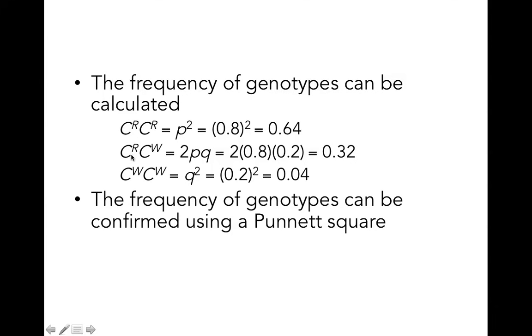The value of CR CW is going to be P times Q times 2. We'll get to why that's 2 times in a minute. So that would be 2 times 0.8 times 0.2, which is 0.32, 32% heterozygous. The frequency of CW CW is going to be Q squared, or 0.2 squared, which is 0.04, 4% white. The frequency of these genotypes can be confirmed by using a Punnett square.